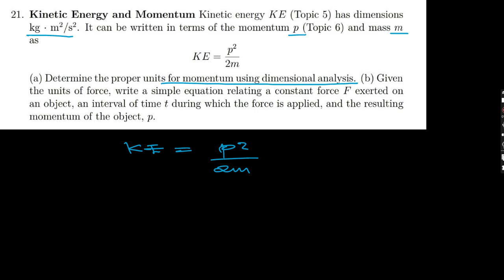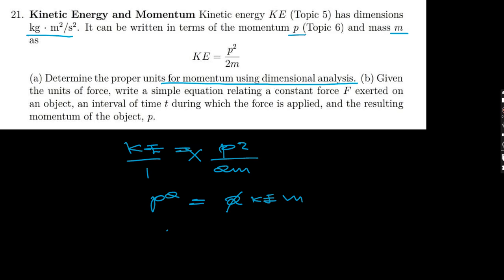So what you are going to do, guys, is we're going to make momentum the subject of the formula. We're going to have 2 times kinetic energy times m. What we need to know is that the 2 is dimensionless, and we are going to cancel it.